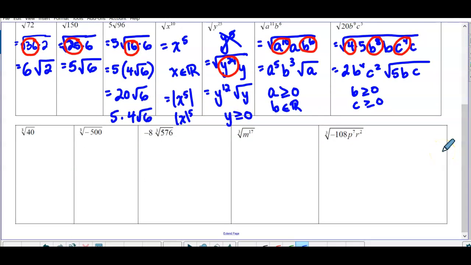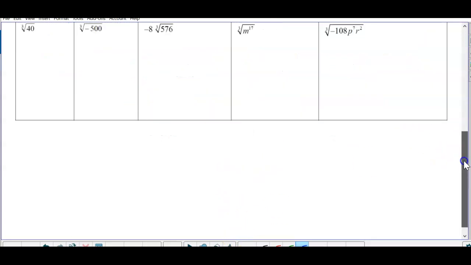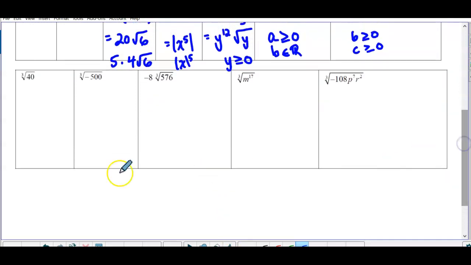Okay, then cubed roots. So maybe I'll just put that underneath here. So some of your cubed roots. So 1, 2 cubed is 8, 3 cubed is 27, 4 cubed is 64, 5 cubed is 125. We might need more, might not. Okay, cubed root of 40.